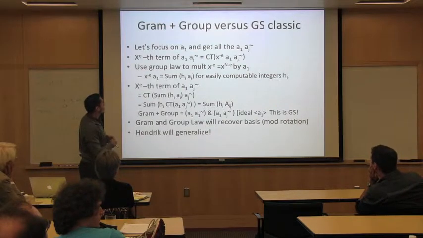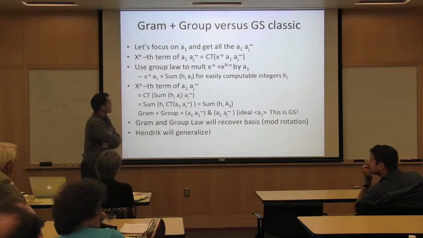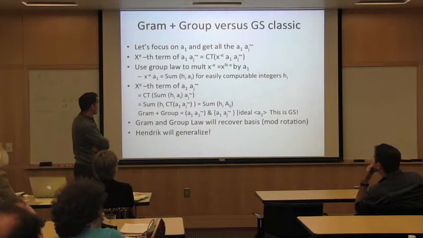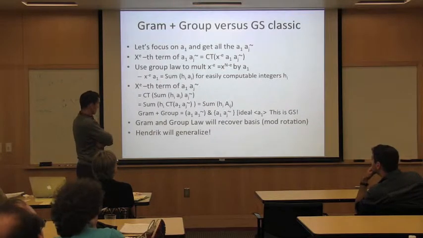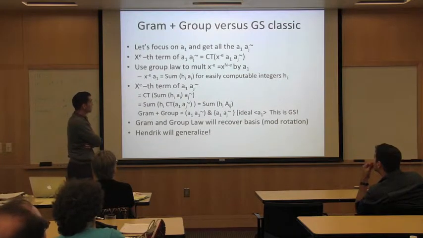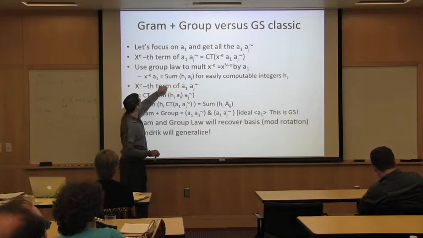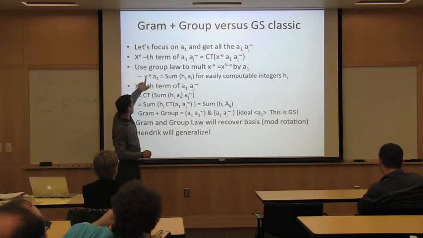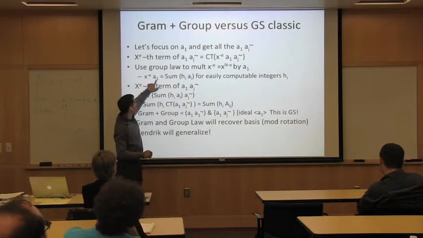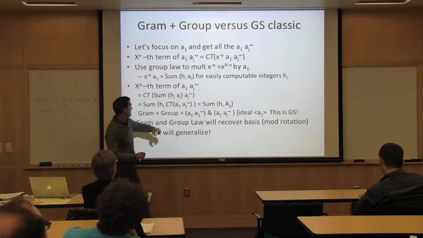So I'm going to use the group law to multiply x to the minus e by a_1, because you know the coefficients for multiplying by x. You could figure out the coefficients for multiplying by x to the minus e, and suppose those coefficients were h_i. So the action of x to the minus e on a_1 is some other linear combination of all the a's, for easily computable integers h.